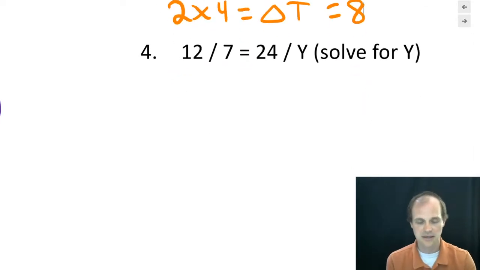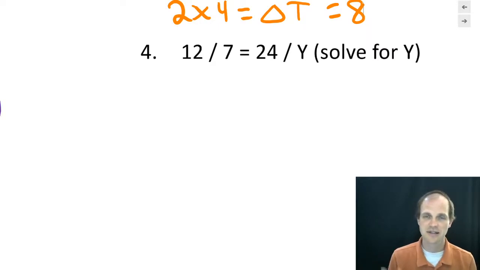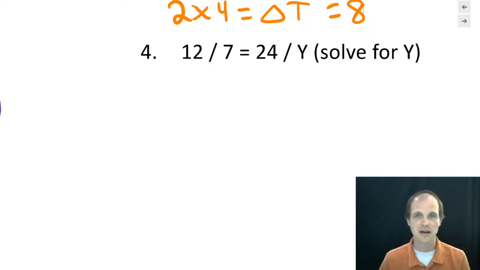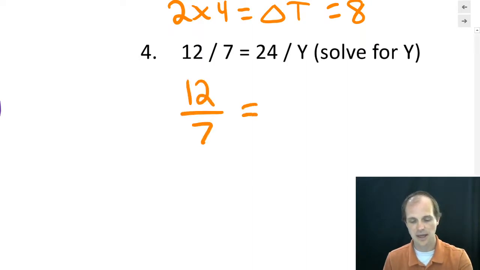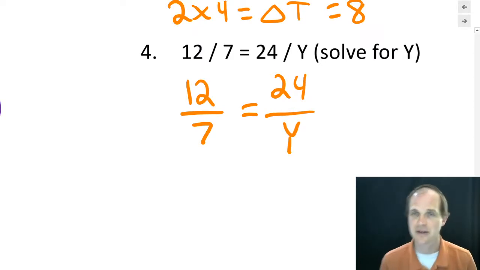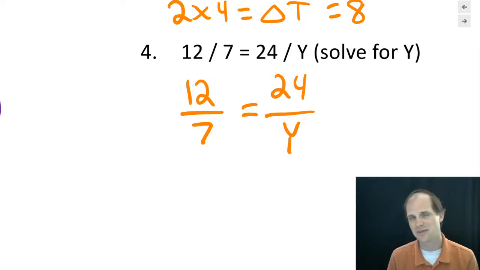Okay, last one. Here, when I've got problems that are written as fractions, it's sometimes really hard to visualize how they are. And so what I usually do is I'll actually go ahead and write them as fractions so I can see it a little bit better. Because if you can't see it really well, it's sometimes hard to know, do I multiply by y, do I divide by y?